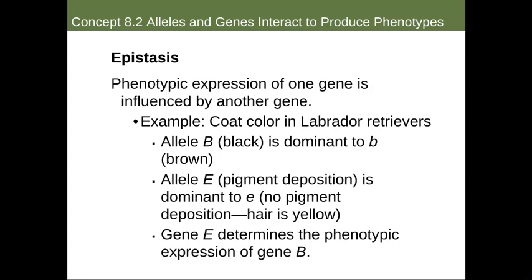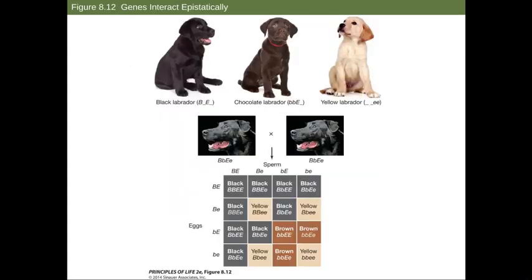So we can see this on page 161, figure 8.12. Right here we have a dog with alleles big B and big E is black. A dog with alleles little b and big E is brown. And then this yellow lab over here, a dog with little e is yellow regardless of its big B, little b alleles.